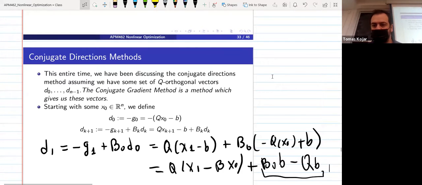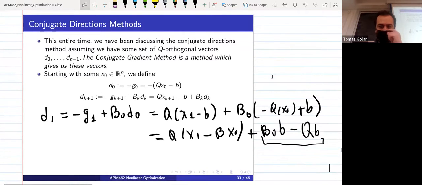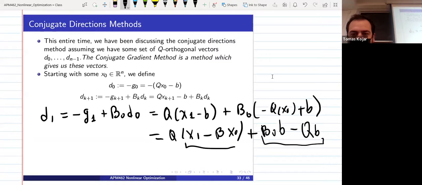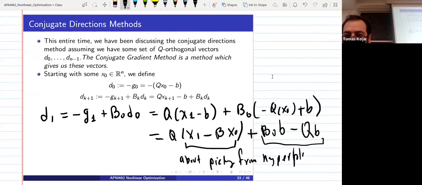That's all I want to talk about. This is the thing we talked about: picking from the hyperplane x0 plus b1, whatever.